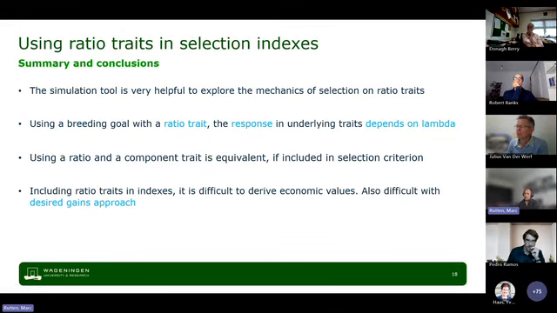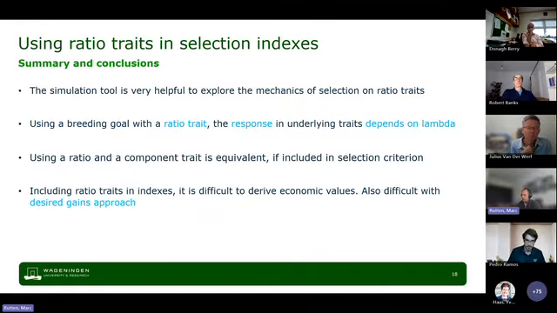So in conclusion and summary, the simulation tool is very helpful to explore the mechanisms of selection on ratio traits. Yuli's paper has some derivations in there where you see that it's relatively complicated to get to these traits, and it has consequences for how the response is defined.